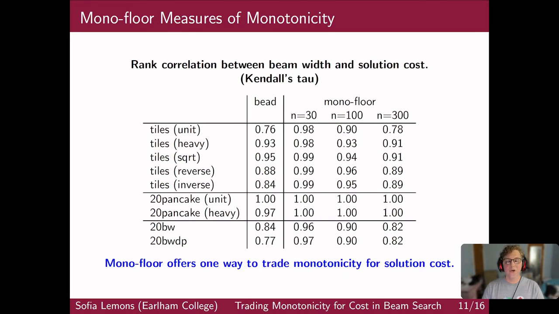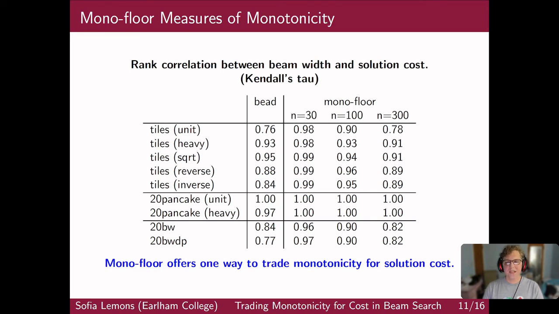We also measured the actual monotonicity of the algorithms in practice by using the rank correlation statistic, specifically Kendall's tau, where we ranked using beam width and solution cost under the assumption that as beam width increases, solution cost should decrease or at least stay the same.